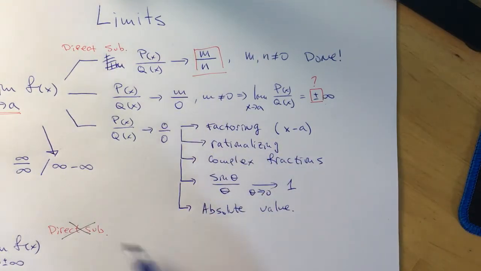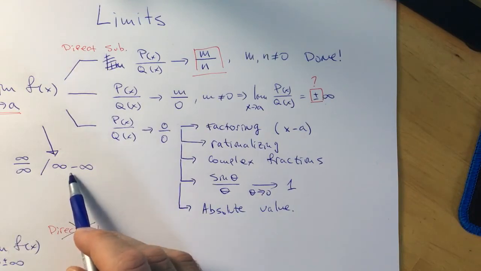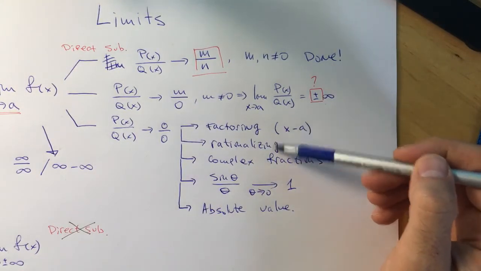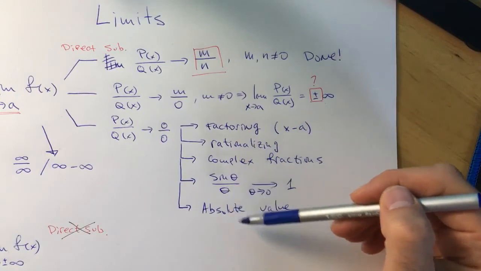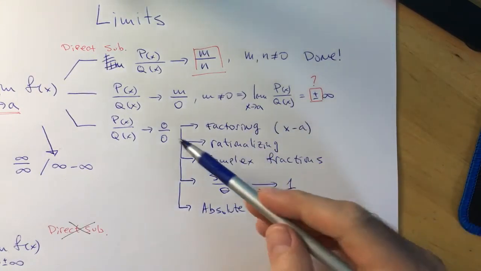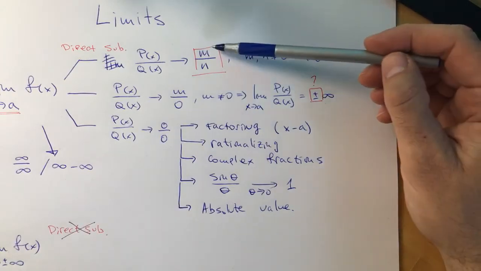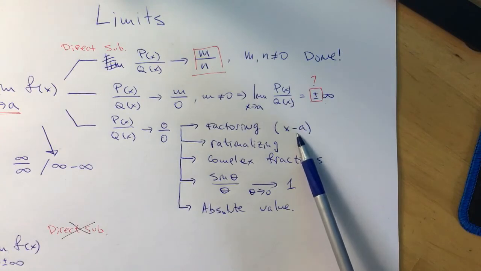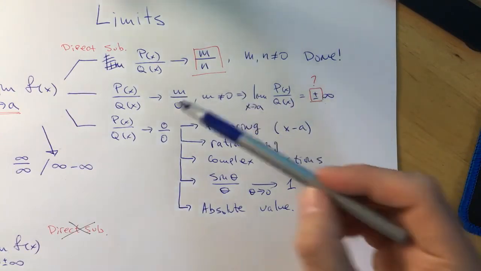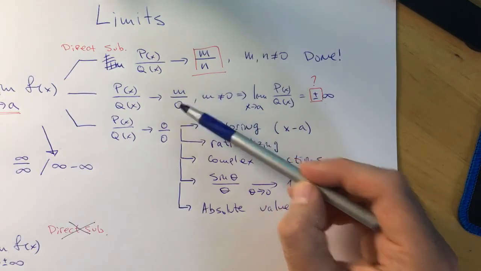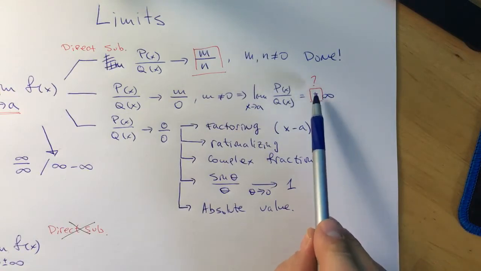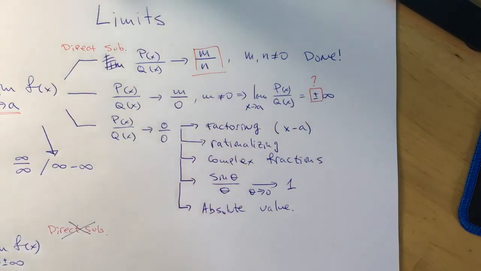Then you simplify that and end up with a 0 over 0 limit, and then usually it is one of these approaches or a combination of them in order to deal with 0 over 0, which will lead you to a constant different than 0 divided by a constant different than 0, if you can cancel this factor in the numerator and the denominator, or a constant different than 0 over a denominator that approaches 0, in which case, again, you know that the answer is infinity. All you have to do is decide whether it's positive or negative infinity.